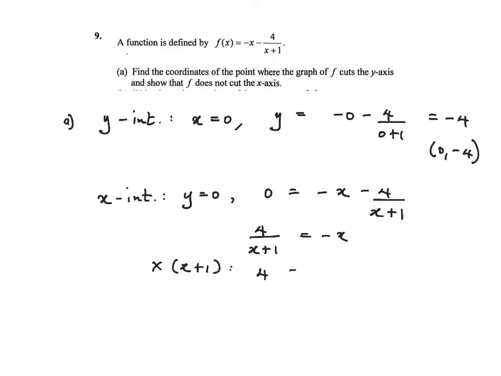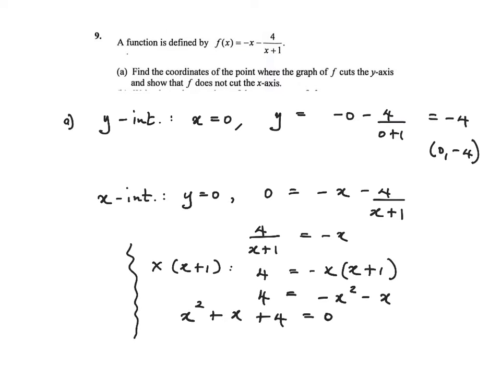And that gives me 4 equals minus x plus 1. Now I have a quadratic equation in here. So that's minus x squared minus x, and if I bring everything onto the left hand side, we have x squared plus x plus 4 equals 0.